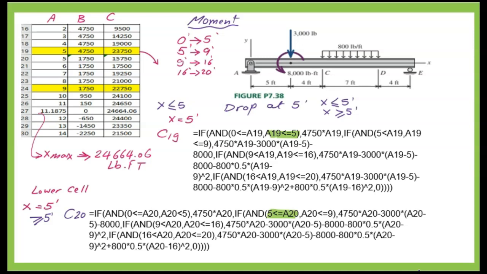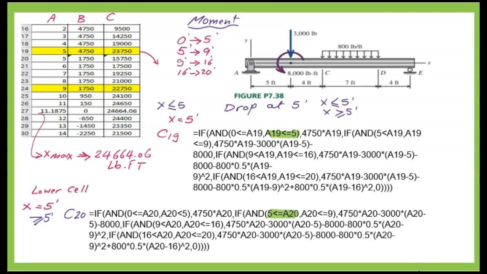This will be expressed in that expression: 4,750 multiplied by A19 minus 3,000 by A19 minus 5 minus 8,000 multiplied by 1 minus 800 by x or A19 minus 9, plus, this is a uniformly distributed load of 800, plus 800 multiplied by x minus 16 by 0.5. This A19 minus 16 is raised to the power of 2. This is the moment due to the uniformly distributed load, comma, 0.